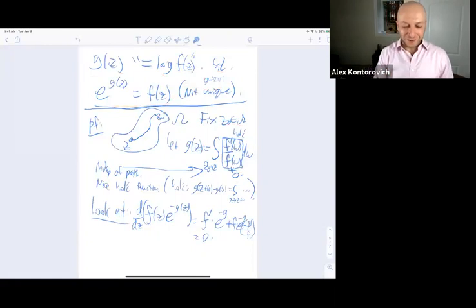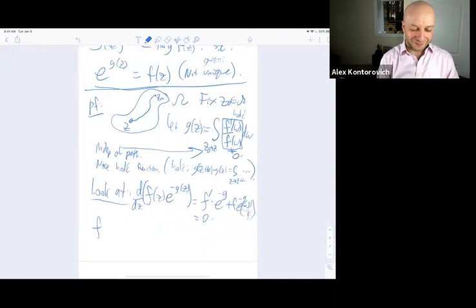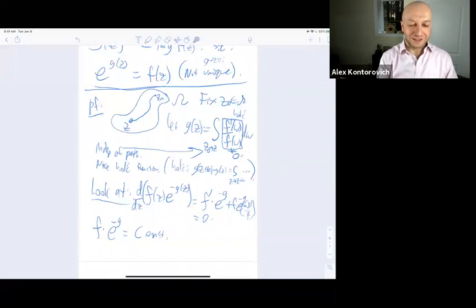The derivative is 0, and therefore this is constant. What constant is it? So f times e to the minus g is constant. I'd like that constant to be 1 so that this equation is satisfied. But what constant is it? Let's evaluate it at z0, the easiest place to evaluate.